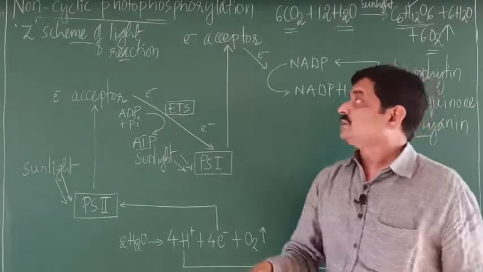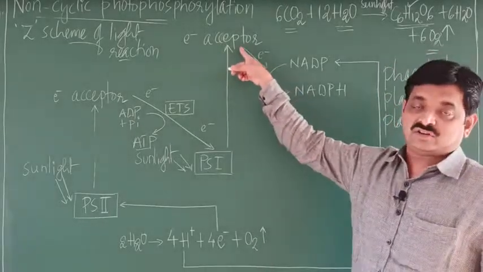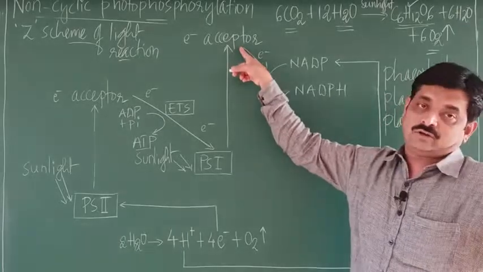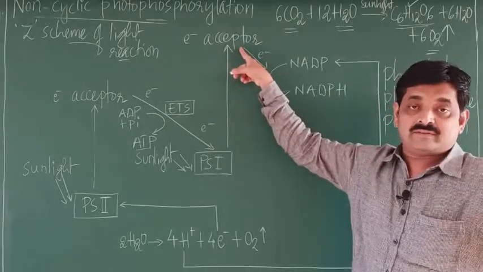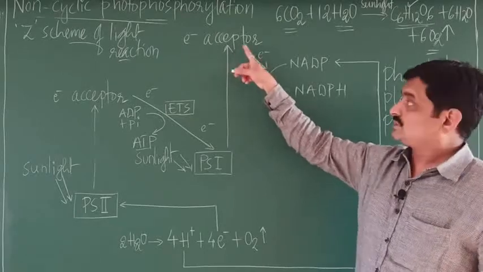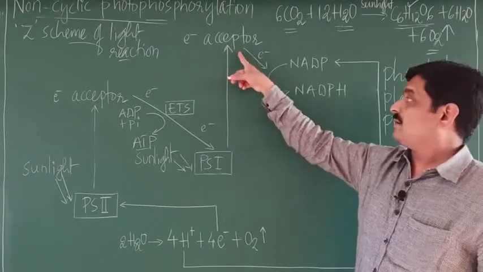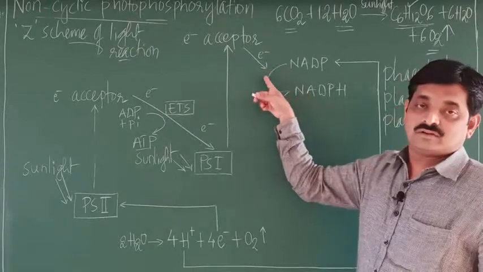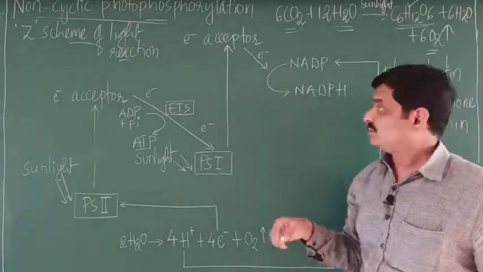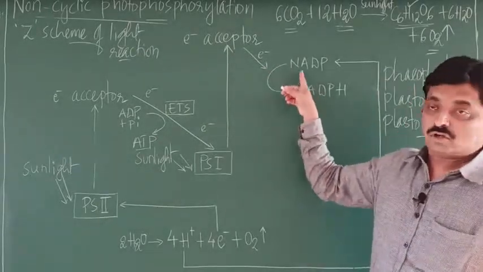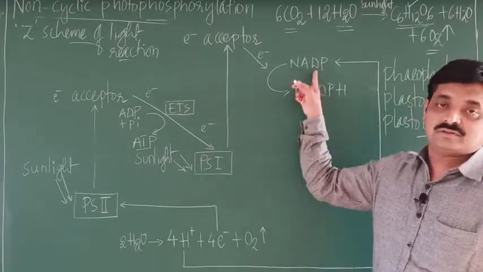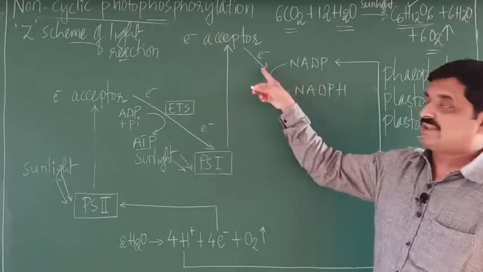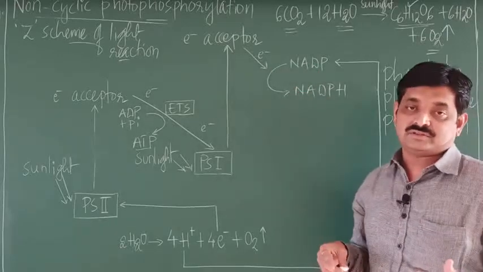The acceptor receives the electron from the pigment, that's why it is called acceptor. Now it donates the electron and passes it here, and this reaction receives the electron from the electron carriers.